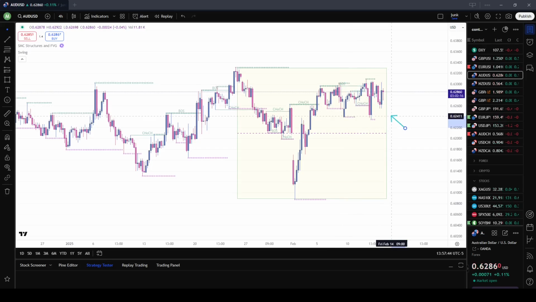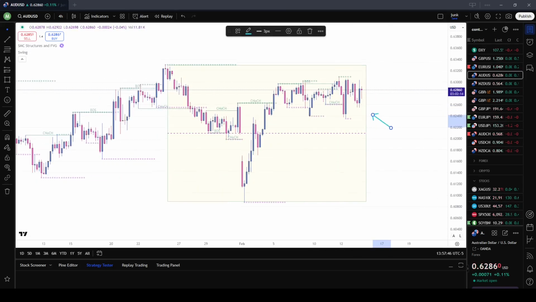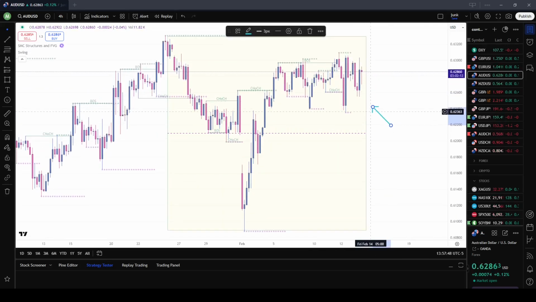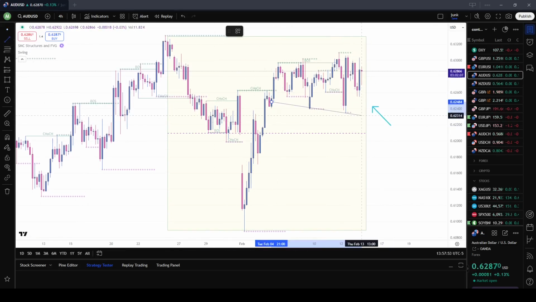Now it's pulled back. It can still be considered as trading sideways, but from my perspective, when expanding triangles form, it's either a Wyckoff accumulation pattern, reaccumulation, or distribution pattern.